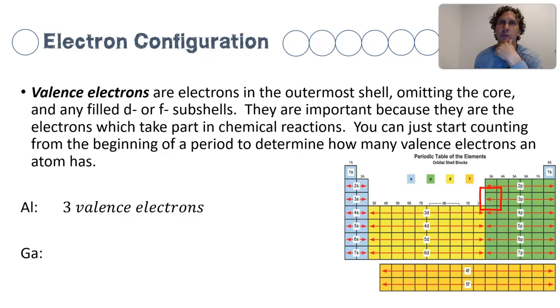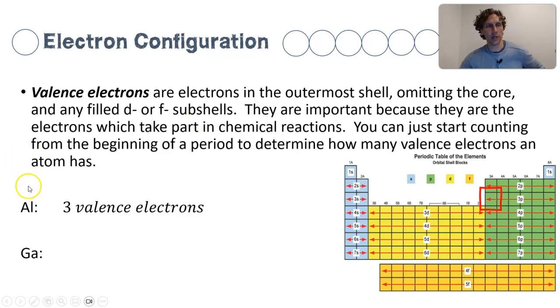Because the valence electrons are the ones that are involved with things like bonding. So omitting the core, the ones at the center, and any filled D shells or F shells. Okay, the rest would be valence shells or valence electrons.